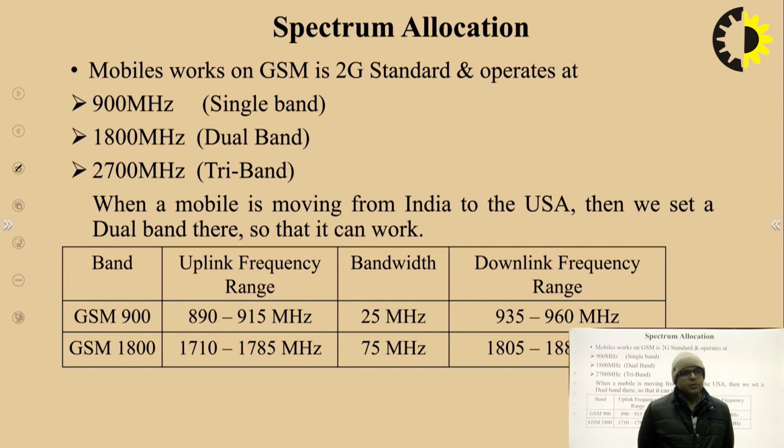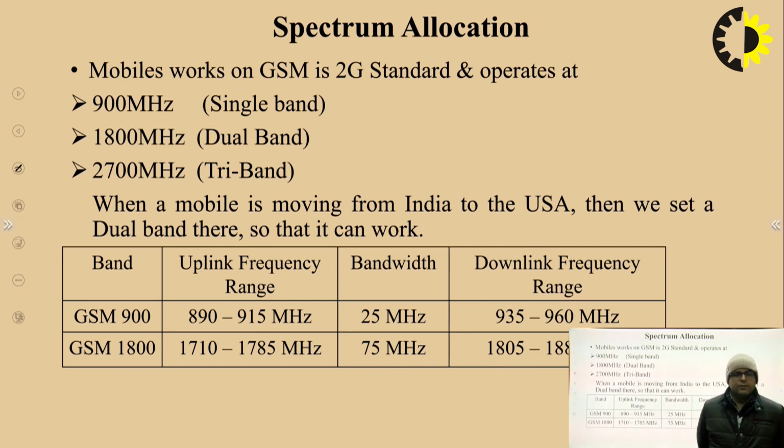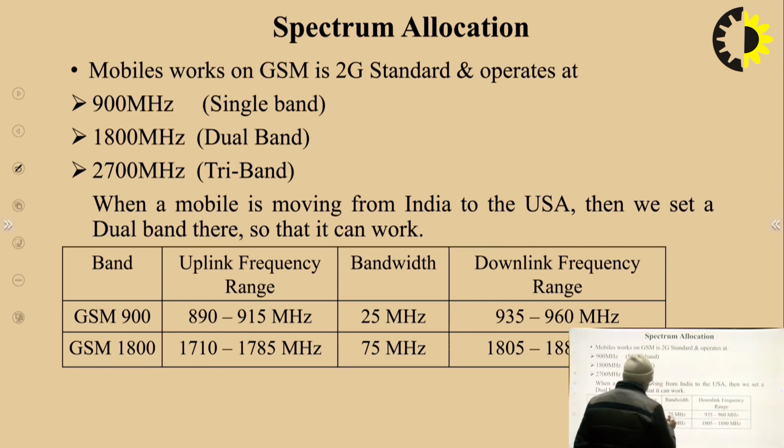In the GSM 900 band, we use uplink and downlink frequencies. The uplink frequency range is 890 to 915 MHz, whereas the downlink frequency is 935 to 960 MHz. Here, the bandwidth is 25 MHz.